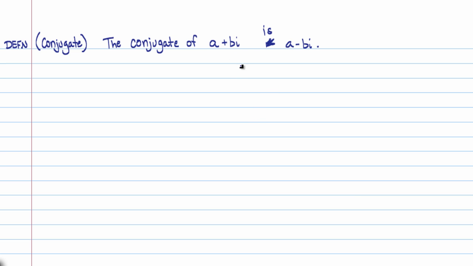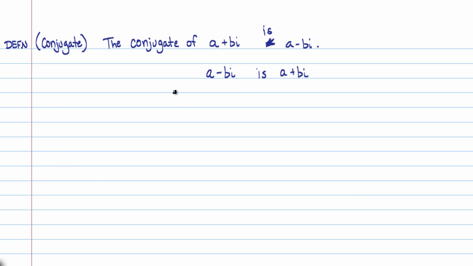Really, all we're saying is that if you want to find the conjugate of a complex number, you flip the sign in the middle. Same thing, if you have a minus bi, the conjugate is a plus bi. So you're just flipping the sign in the middle.